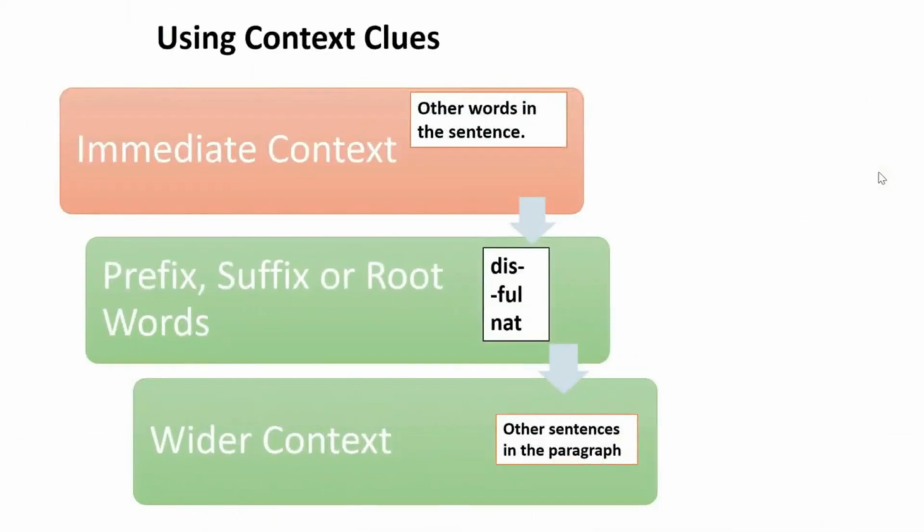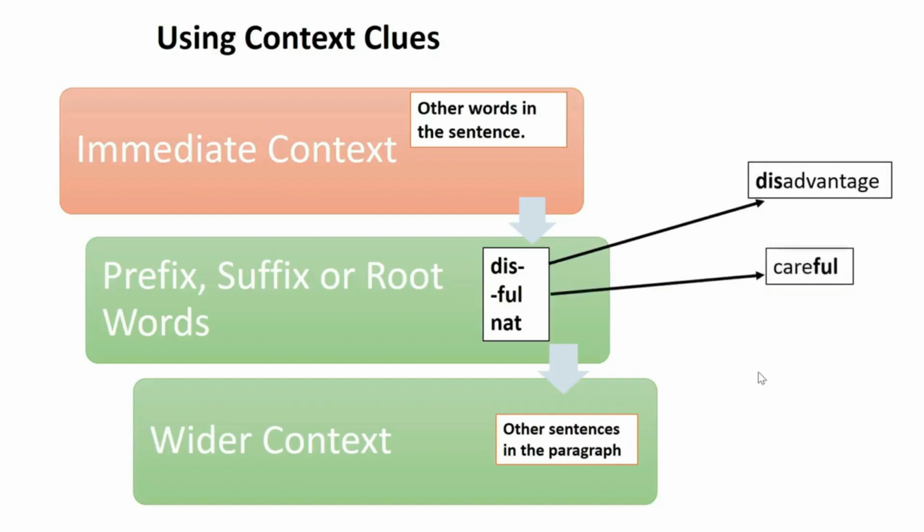So, using context clues, we can use context clues to answer language use questions in the exam. You can either have immediate context, and that's using other words in a sentence to identify the meaning of the main word. We can also use prefix, suffix, or root words to help us guess the context of the word and also its meaning. For example, disadvantage, we have dis, which is the prefix.